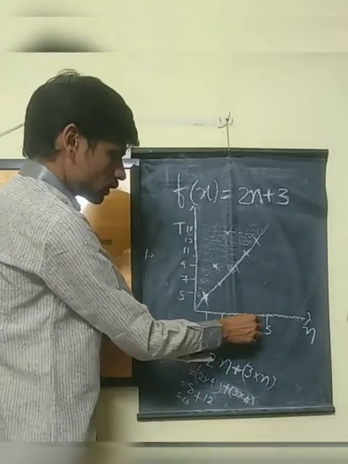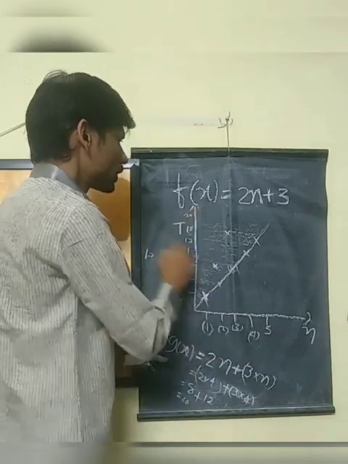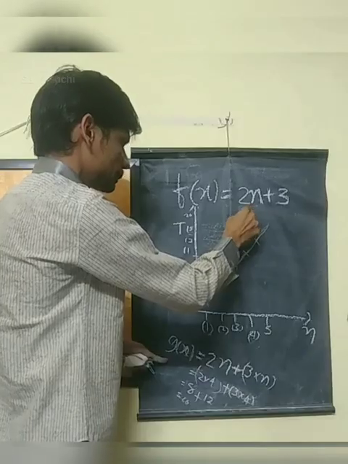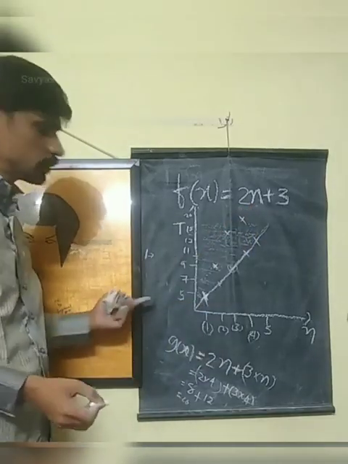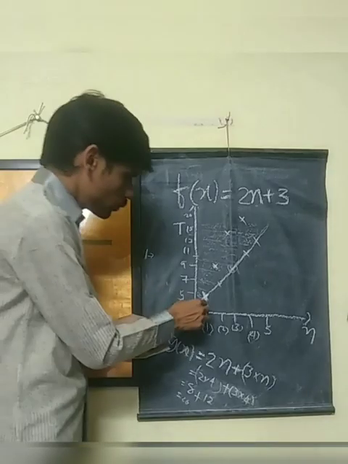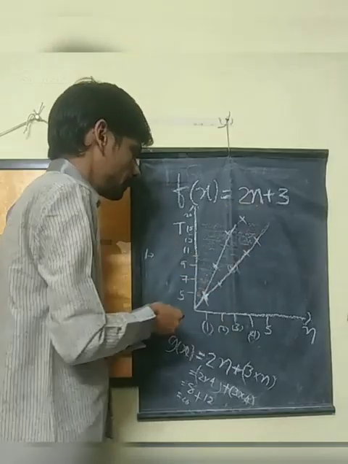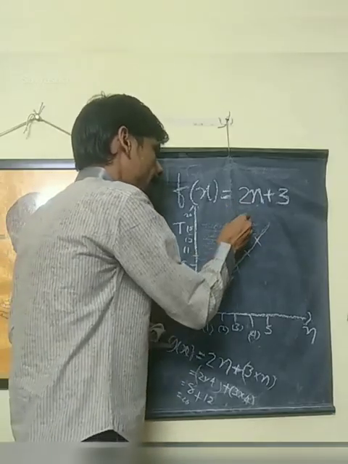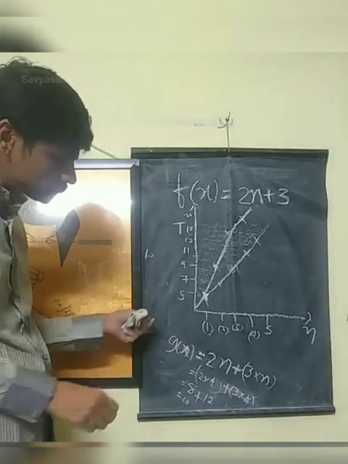So for 4 as input to g of x, what is the value I got? 20. Okay. So now we will try to draw. This is my g of x.